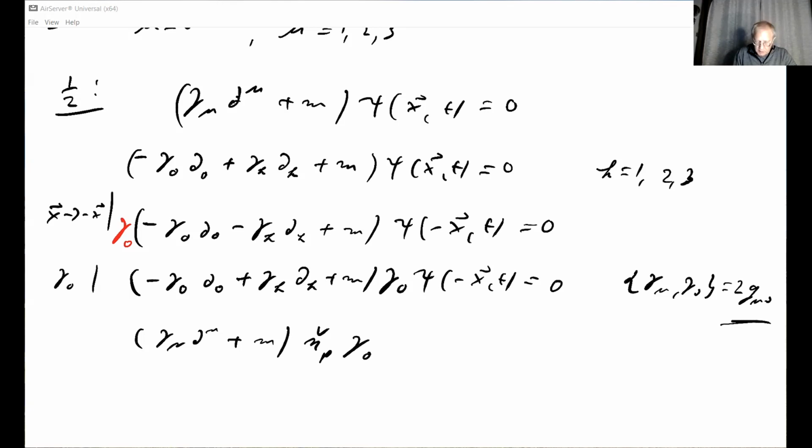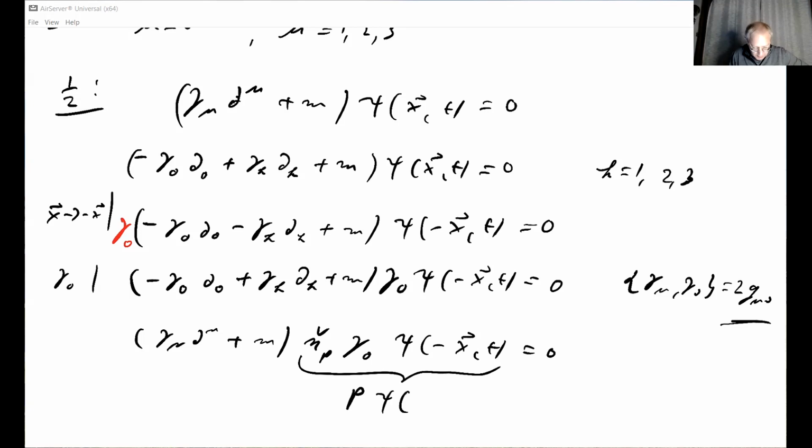I have my gamma 0 here still, and here I have psi at minus x, t equal to 0. And then we notice here, this is just what we stated, namely this is P acting on psi of x and t.